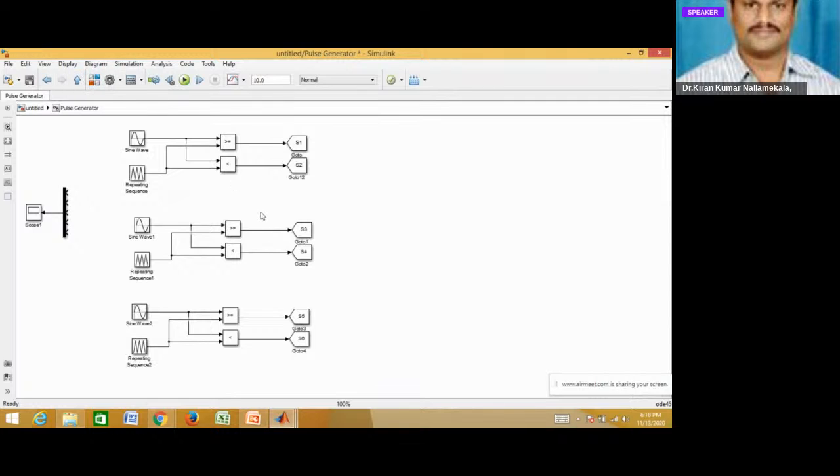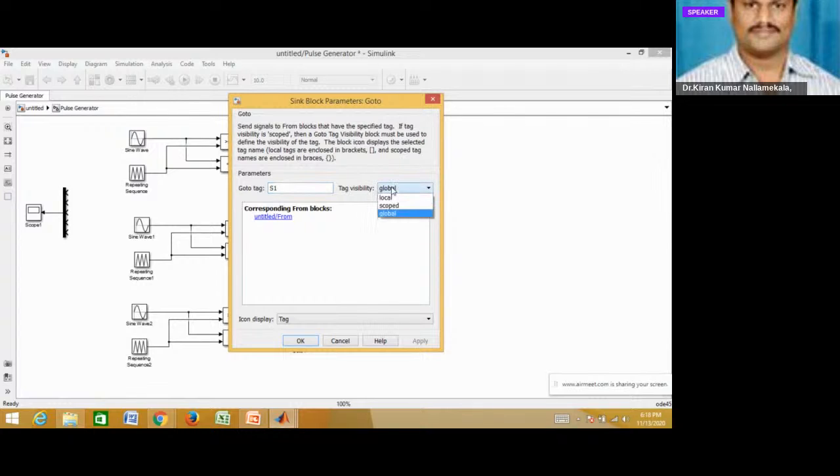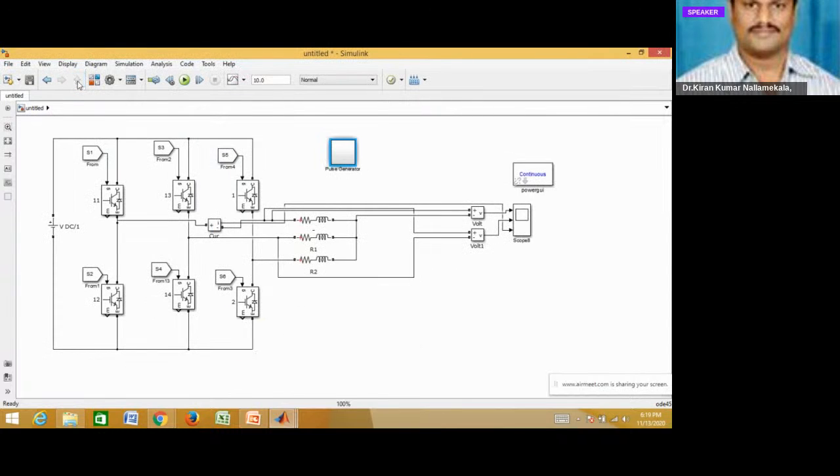Otherwise you have to select local. Now we are passing this signal to the other system, this is a separate block, a separate space, so we are taking it as global. Otherwise, if you have the sine wave and triangular wave in the same space, on the same page, then you have to select local.